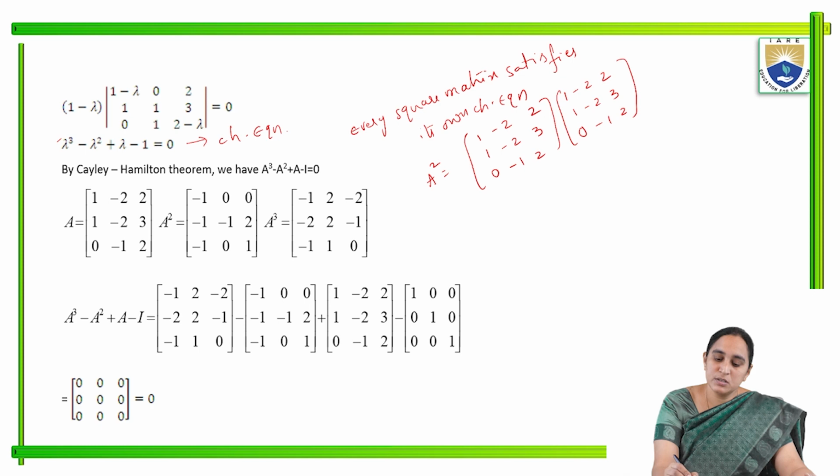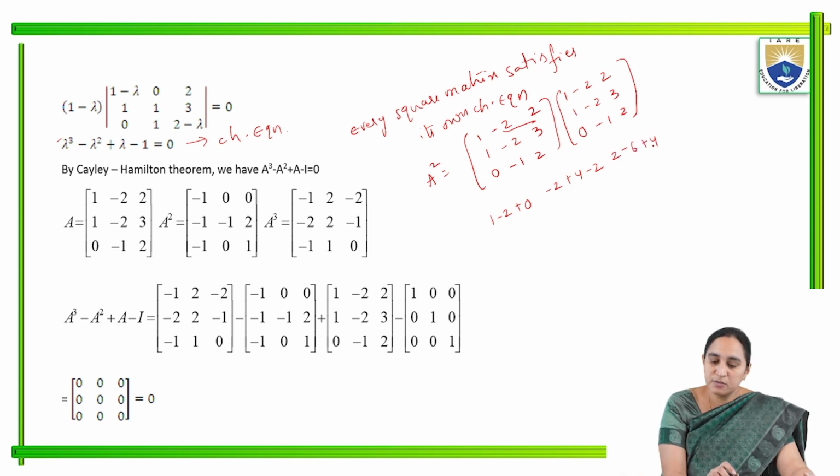I am using the first row with the first column. That is 1 into 1, 1, minus 2 into 1, minus 2, and plus 0. Similarly, 1 minus 2 and plus 4 and minus 2. And next, 1 into 2, 2, minus 6 and plus 4.